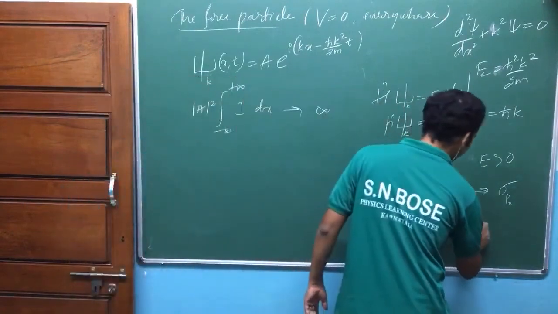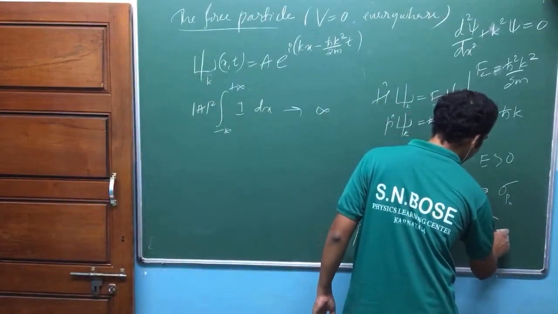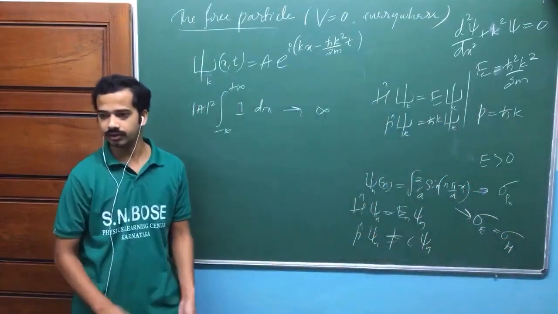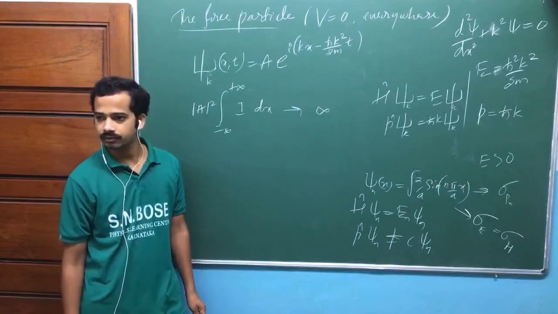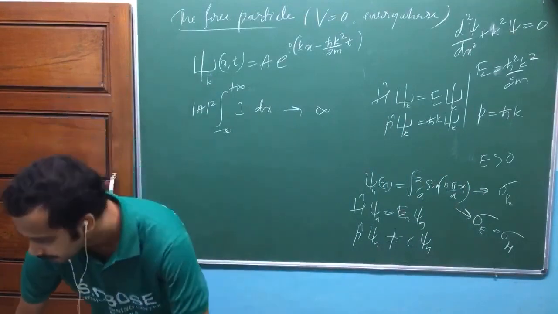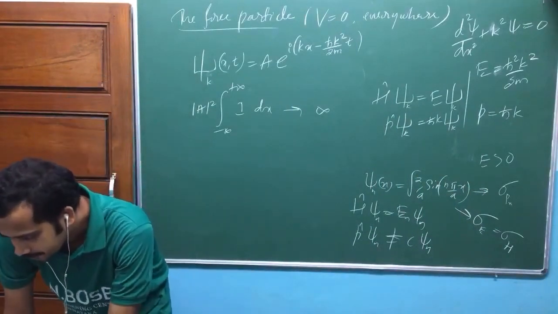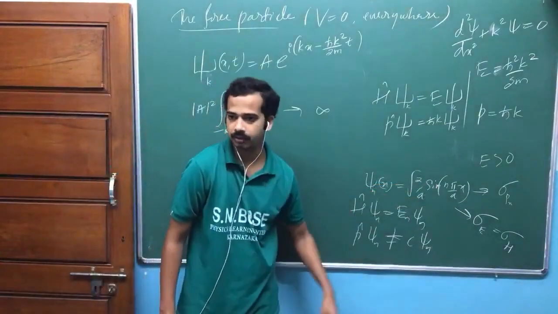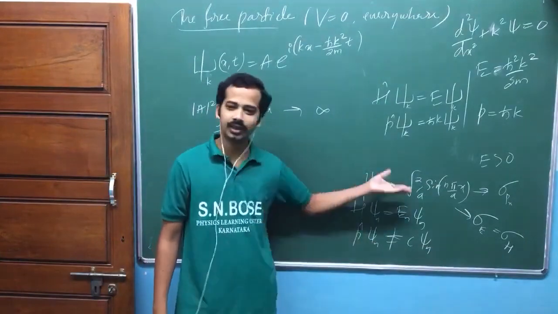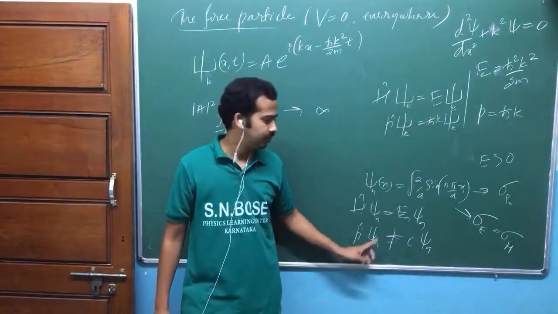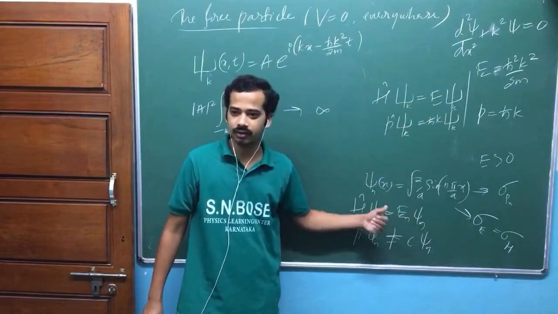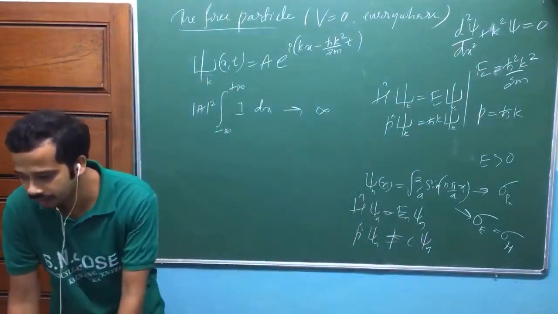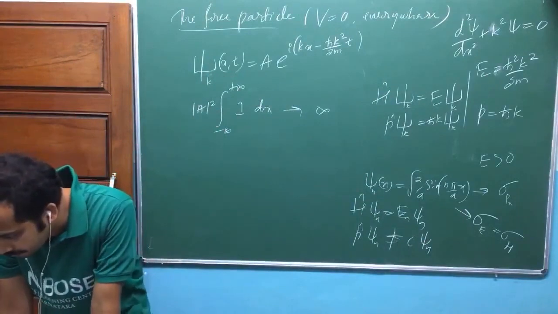Again, for this state, we found sigma h, and that was 0. Standard deviation in the measurement of energy was 0. Observe those facts mathematically. These are not states of definite momentum, because if you take the derivative, you get some other function, a cos function. You cannot write that as a constant times the same function. They are not eigenstates of momentum.